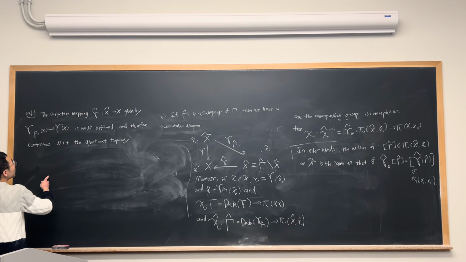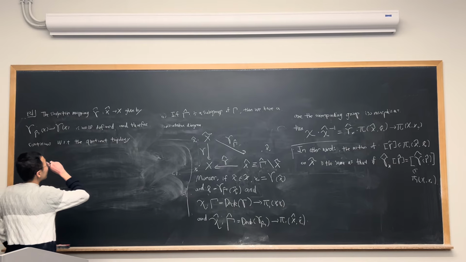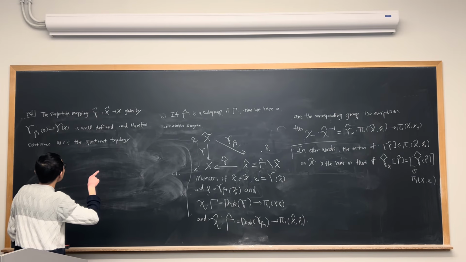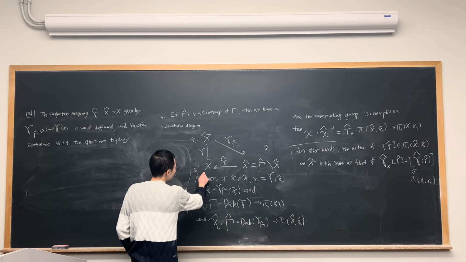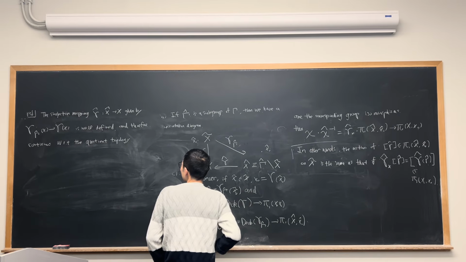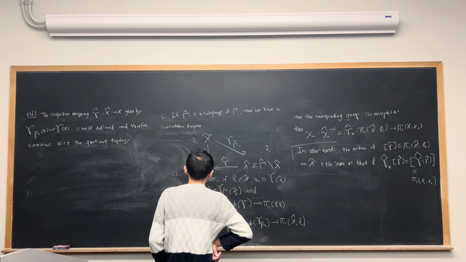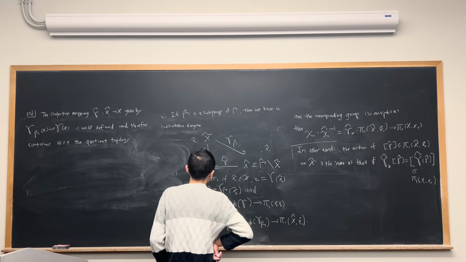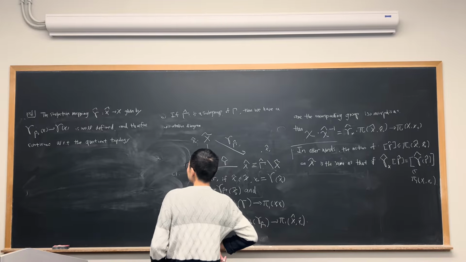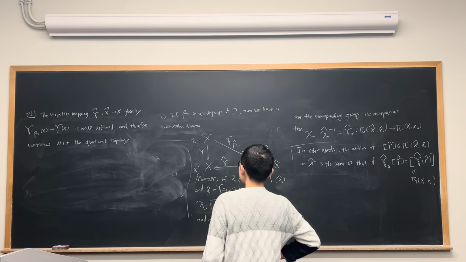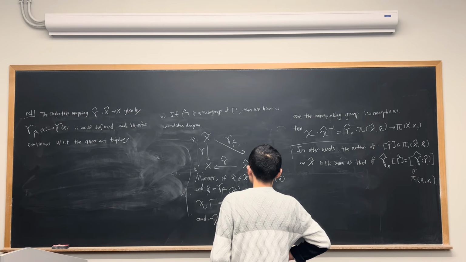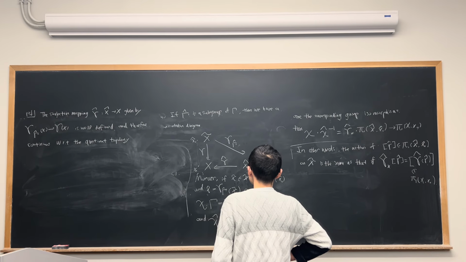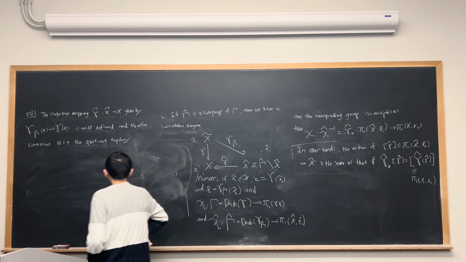If you take an open set of this x, then what is gamma hat inverse of x? Gamma hat inverse of x is the set of all... Okay, let's check that.